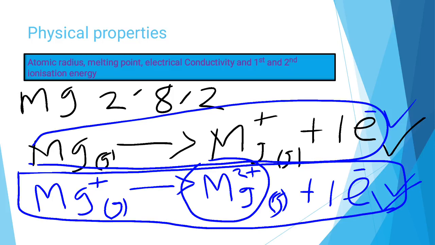That means that the first ionization energy is usually less than the second ionization energy. Why? When the first electron has been lost, the other electrons are held more firmly, more strongly by the nuclear charge, and therefore getting the second electron from the outermost energy level will require us to have more energy than getting the first electron from the same atom.